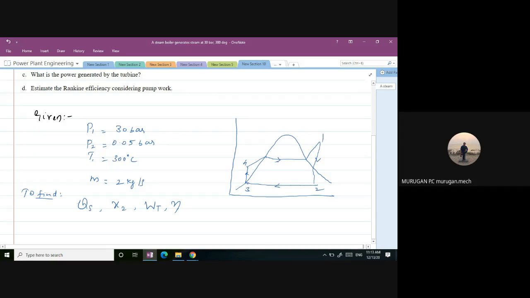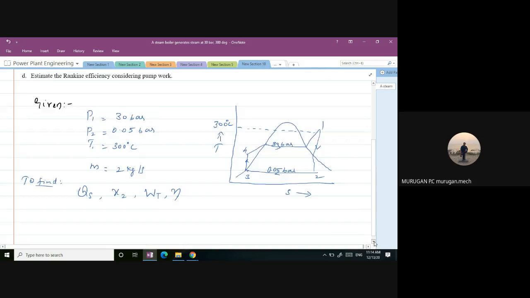See here, the initial pressure is 30 bar, and it is reduced to a pressure of 0.05 bar, and the temperature is 300 degrees Celsius, which is superheated. So this is the typical TS diagram for the Rankine cycle. So we have to draw the diagram.